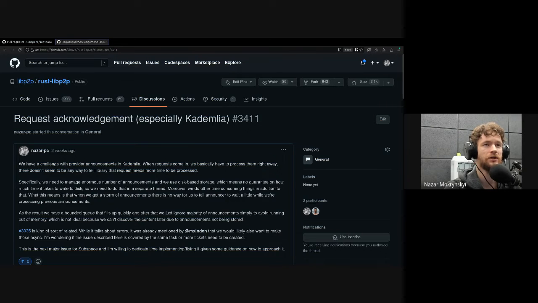What I mean is when we are checking something in the event loop, we get an event that someone announced something to us. And you're like, okay, let me process that. But the event loop moves forward already because you don't want to block it, and it is already ready to receive the next announcement. So we are just being bombarded with announcements at a rate which we cannot process. And that's why we had that warning.